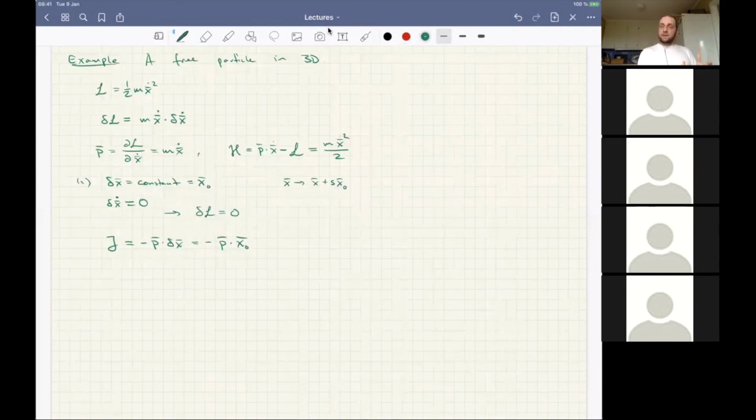And since x0 was a constant, and in this case, it's an arbitrary constant, any constant will be a symmetry of this Lagrangian. It means that regardless of what x0 is, this must be constant. And that means, of course, that P is a constant.